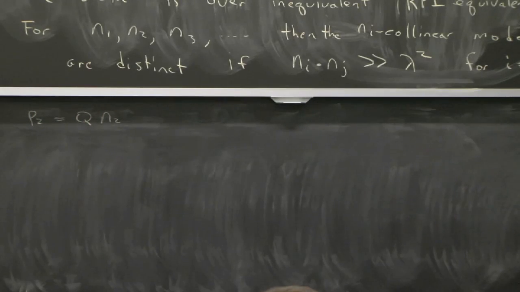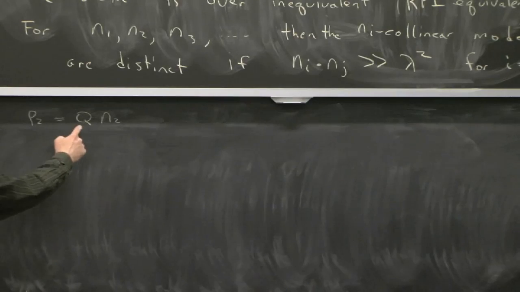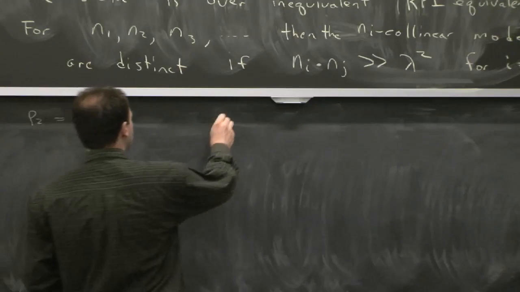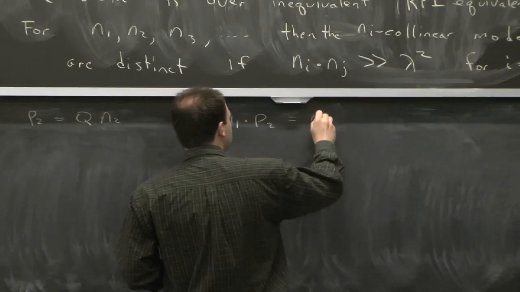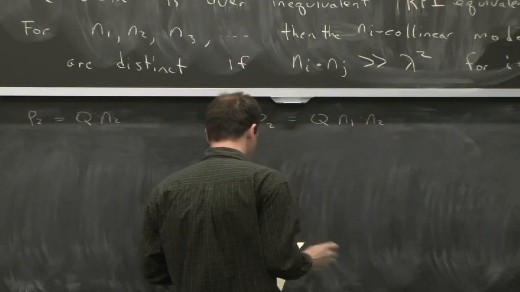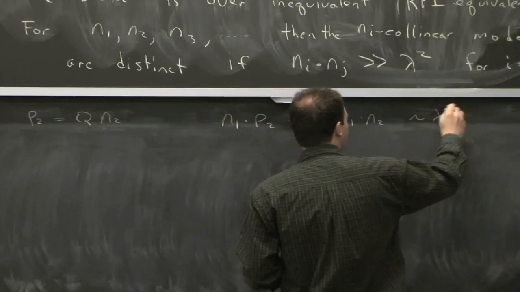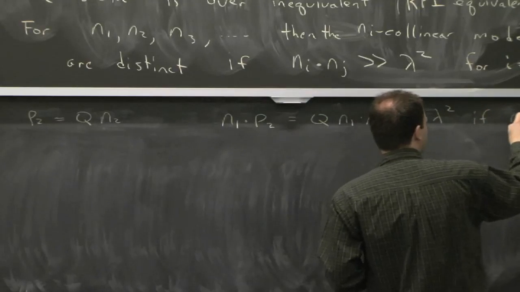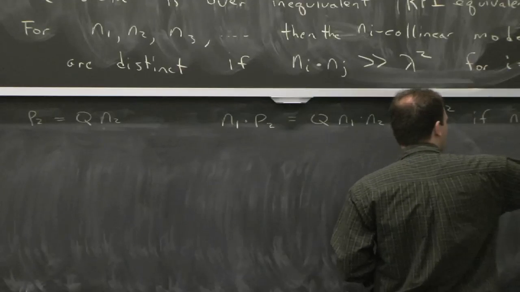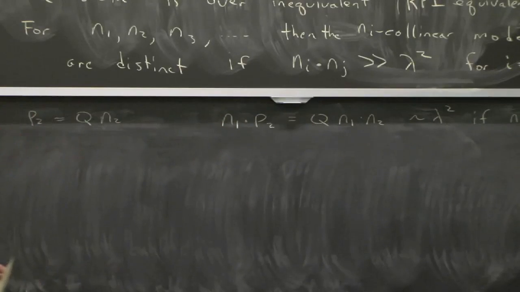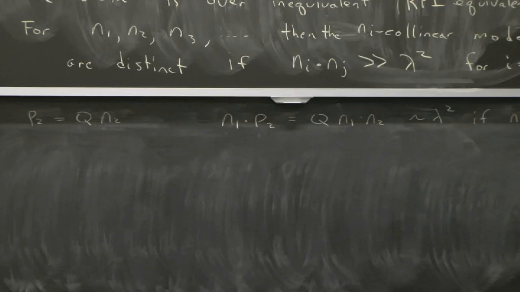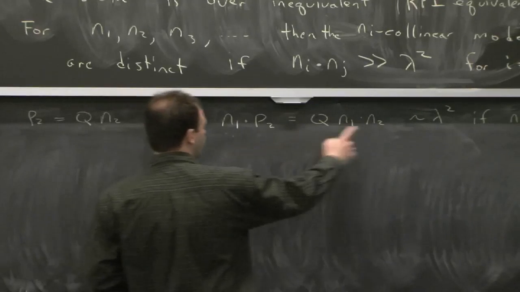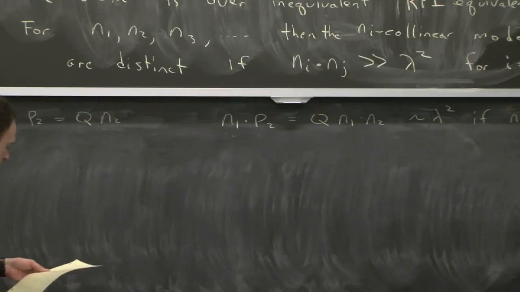Let's imagine you have some momentum p2, which is a large piece q times n2. And then you dot n1 into it. So n1.p2 is q n1.n2. And that would be of order lambda squared if n1.n2 were of order lambda squared, right? But if n1.n2 is order lambda squared, and therefore n1.p2 is order lambda squared, you would say p2 is an n1 collinear particle, because this is the right power counting for an n1 collinear particle.